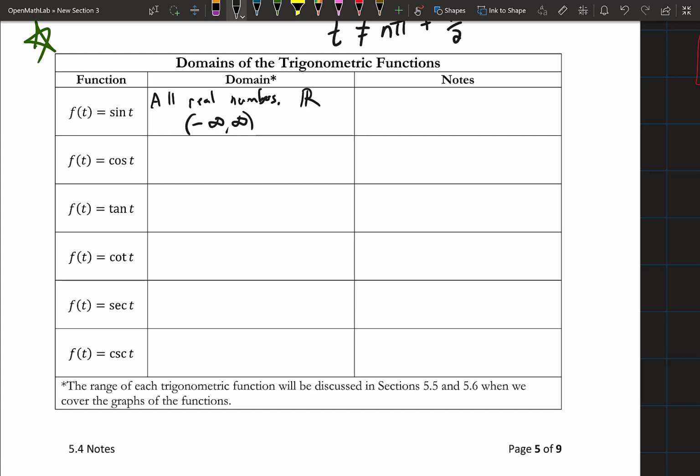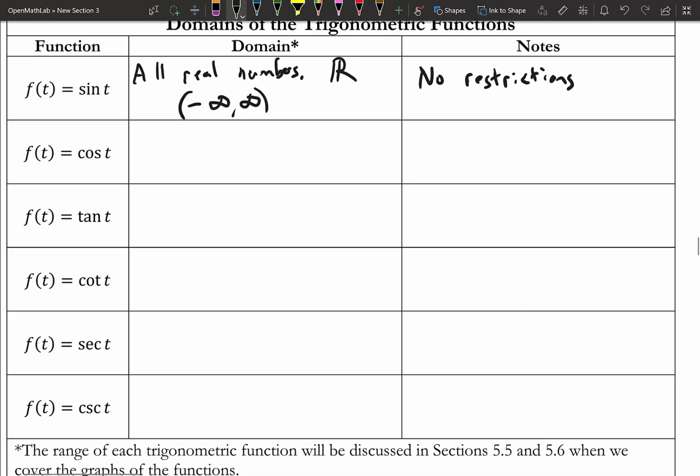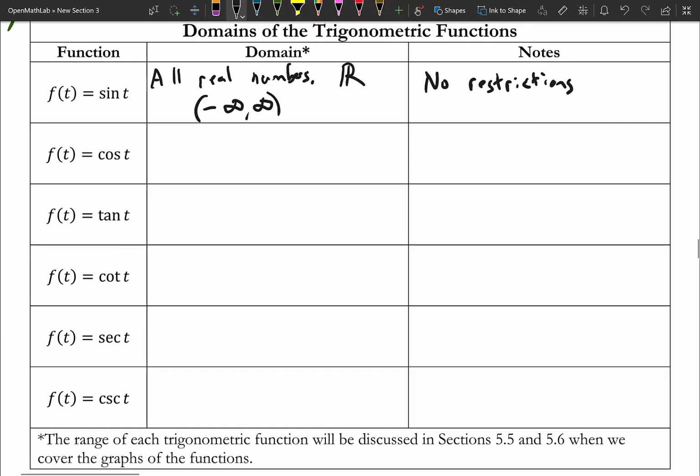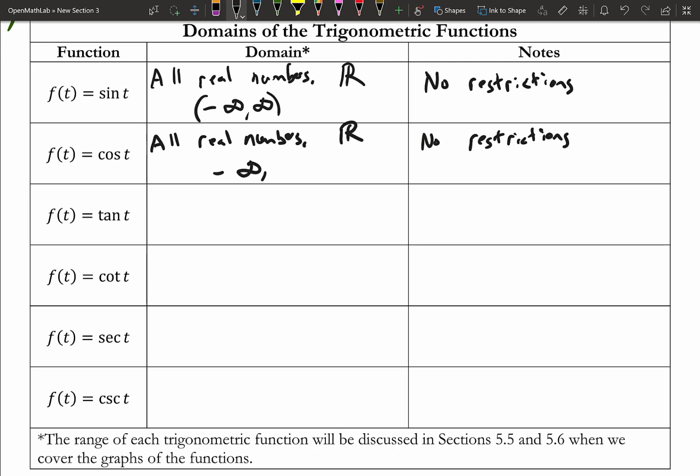And for the notes column, we could just say that there's no restrictions. Right? So then for cosine, same thing really, right? Same domain. We would say that there's no restrictions. So all real numbers. Right, we could show that again with a boldface R or an interval notation.